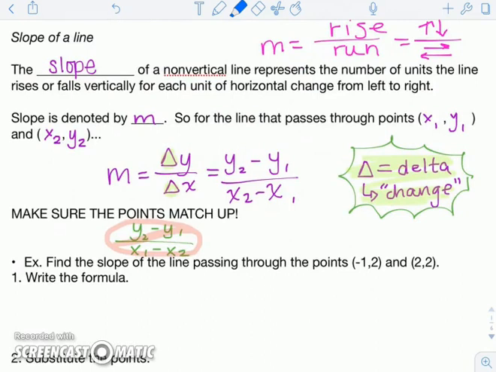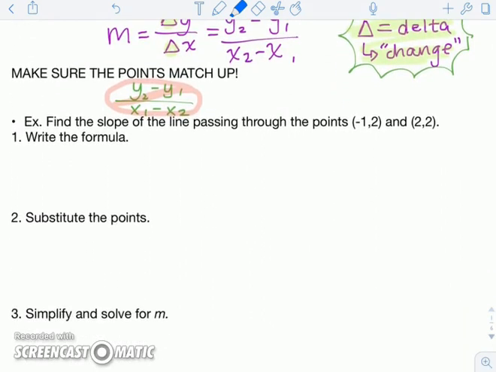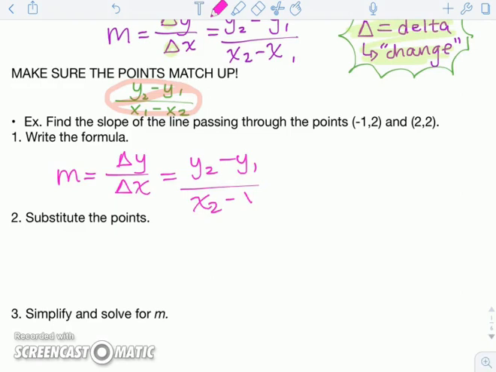Okay, so I'm going to look at the first example. It says find the slope of the line passing through the points (-1, 2) and (2, 2). First thing I'm going to do is write out my formula for finding slope. Slope is equal to change in y over change in x, which means y2 minus y1 over x2 minus x1.